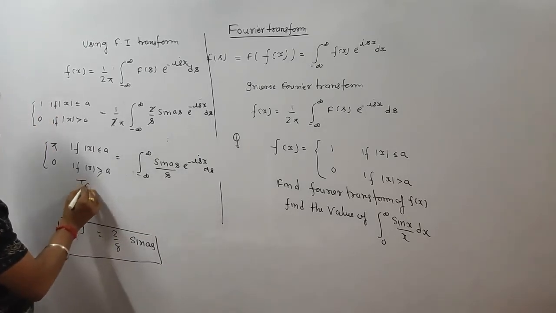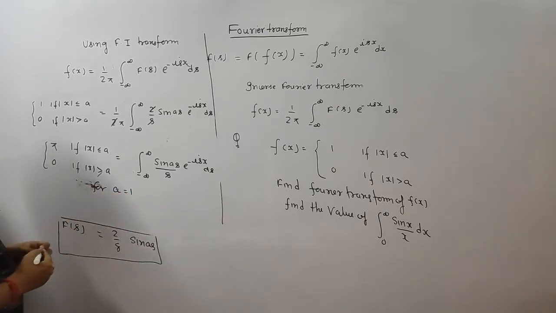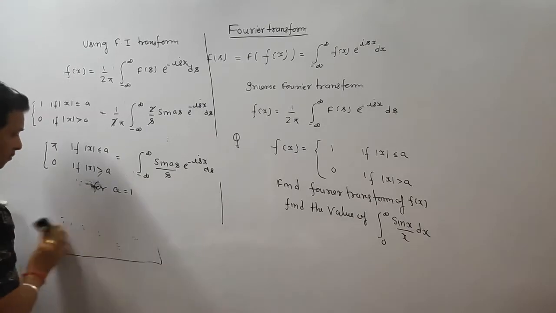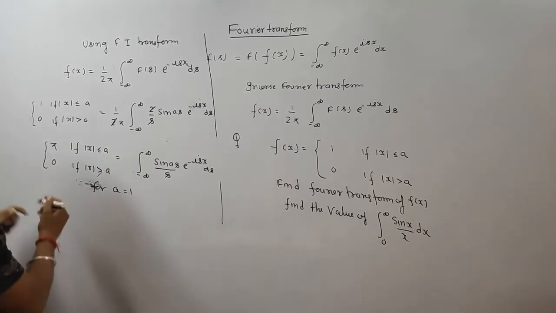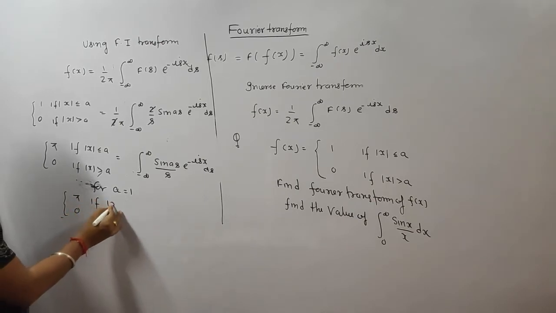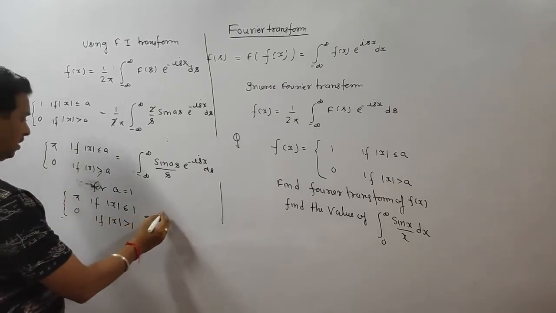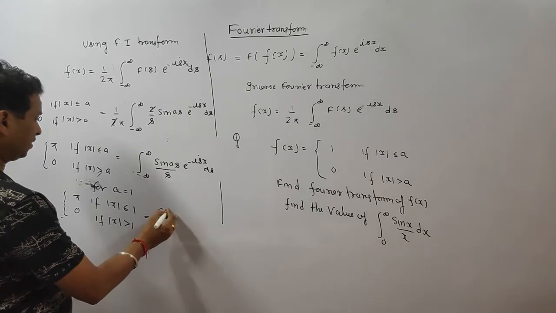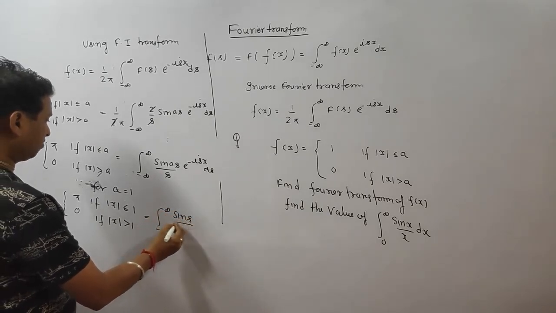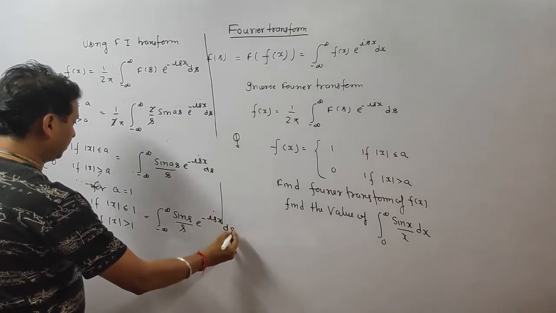So for a value 1, we get the same result: pi times 1 if mod x is less than or equal to 1, 0 if mod x is greater than 1, equals integral from minus infinity to infinity of sin s by s, e to the power minus iota s x ds.